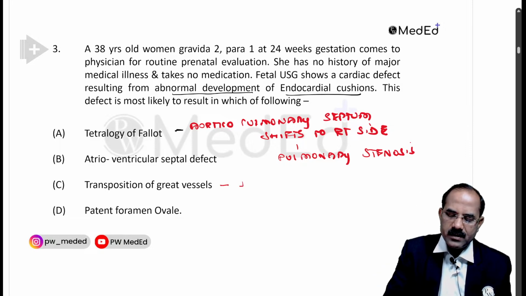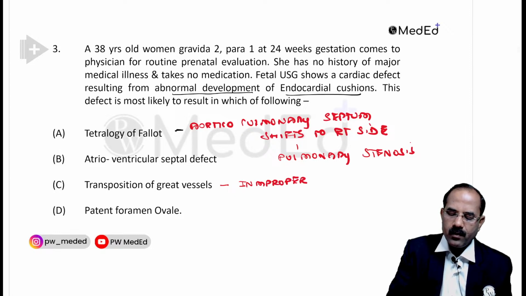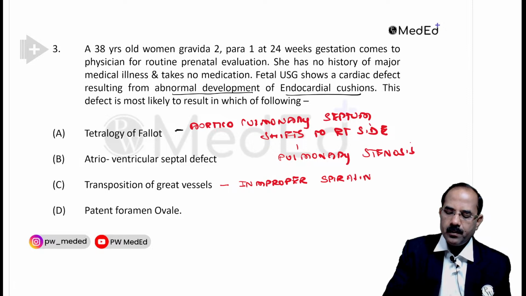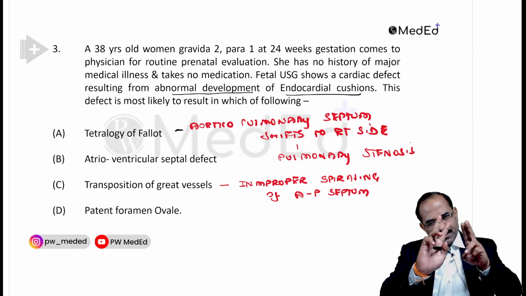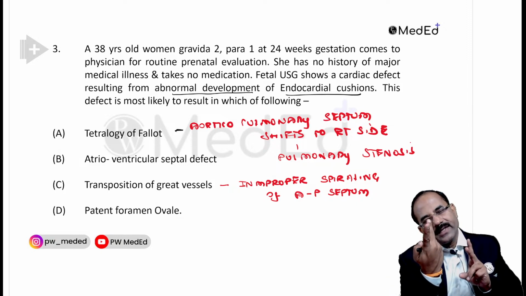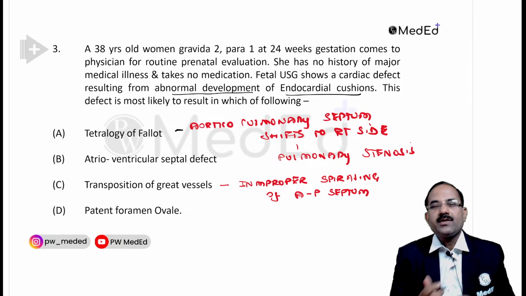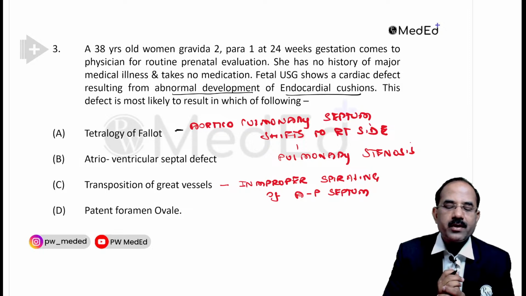Transposition of great vessels is due to improper spiraling of the aorticopulmonary septum. Normally this aorticopulmonary septum is going to turn, spiral like this. So this septum is also known as a spiral septum. इसे हम बोलते हैं spiral septum.